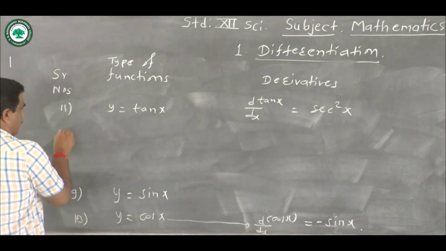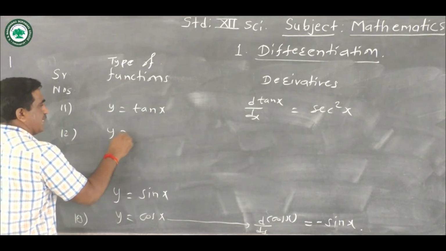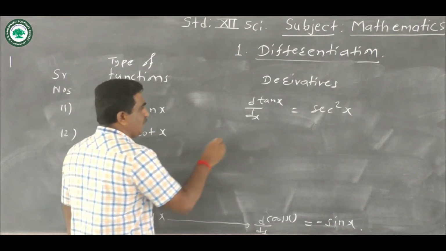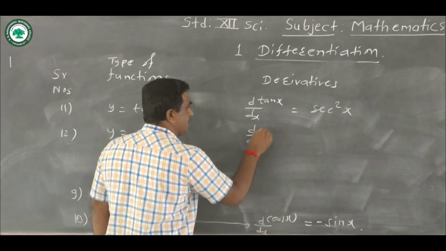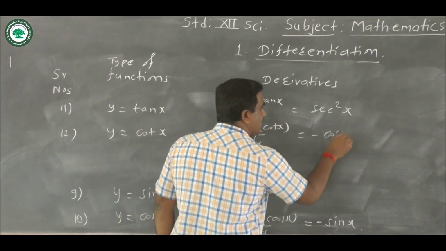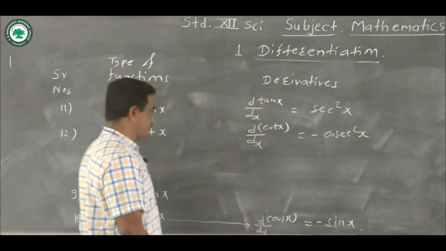Okay. Number 12, the next function is y is equal to cot x. Derivative of cot x, dy dx of cot x, is equal to minus cosec square x.